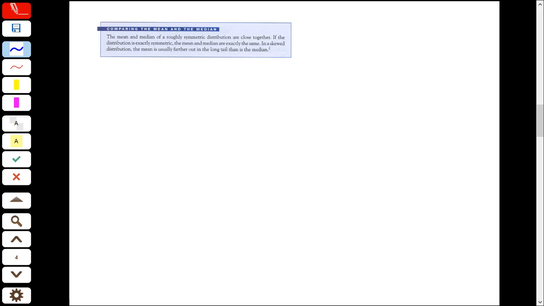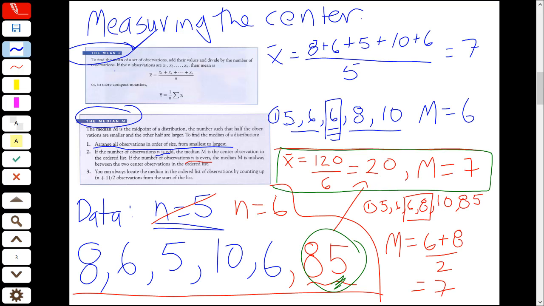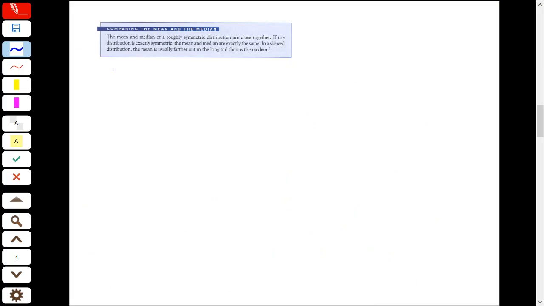So let's do an example of that. Let's think about the CEO example. Okay, so one was age.